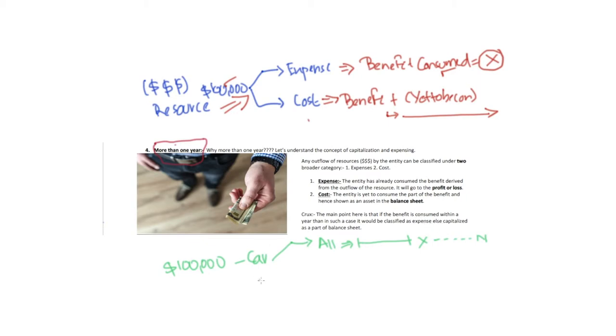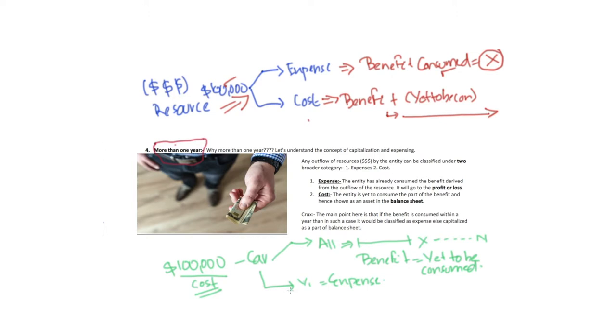Then in such a case, it's appropriate to classify this outflow as a cost rather than as an expense, because the benefit from the outflow is yet to be consumed. If it is consumed within year one, then in such a case I can classify this as an expense, no future economic benefit that the entity is going to receive.